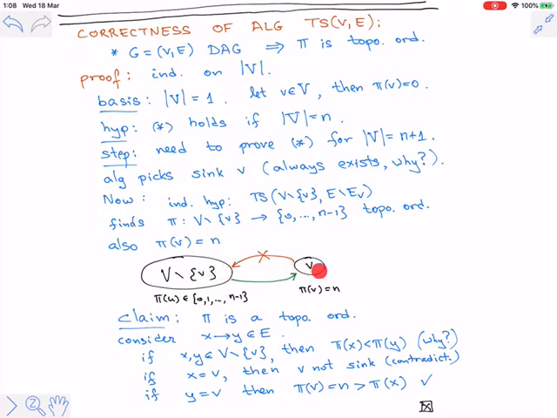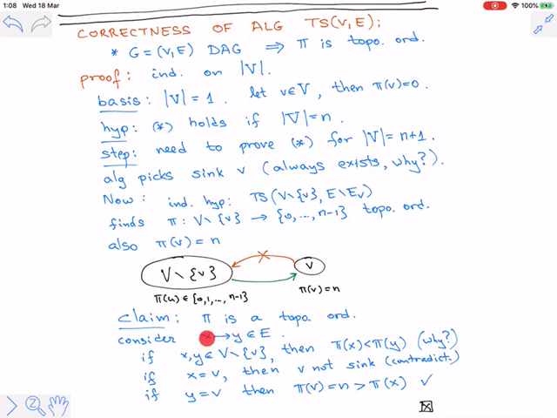We have the vertex V, this is the sink, it's given pi of V equals n. We have the remaining vertices, which are given numbers between 0 and n minus 1 by the recursive call to the topological sorting algorithm. Now we want to claim that pi is a valid topological ordering.